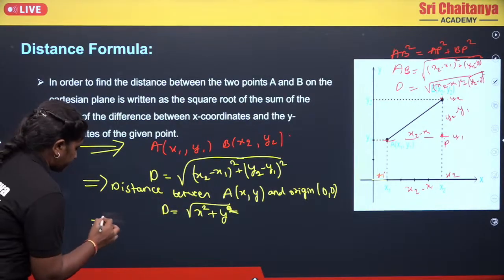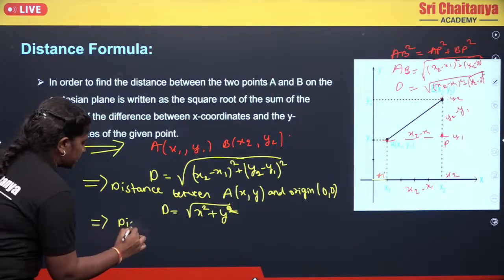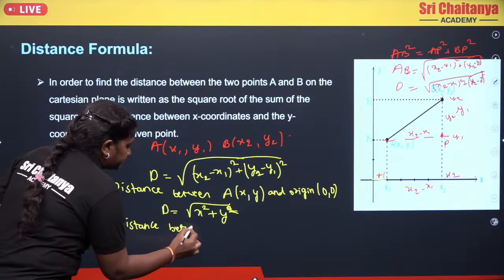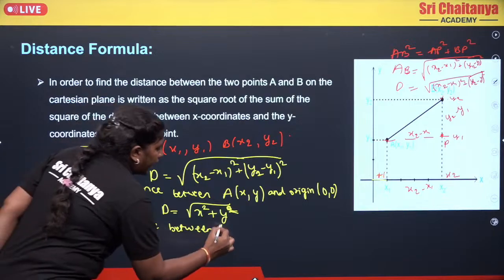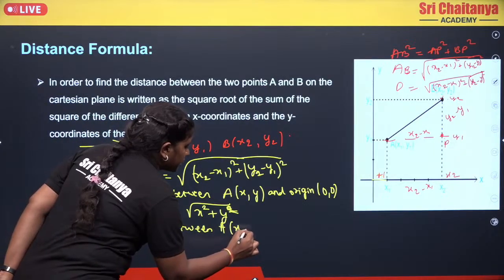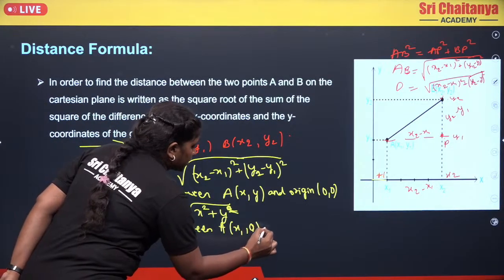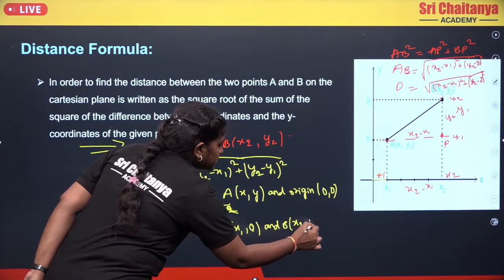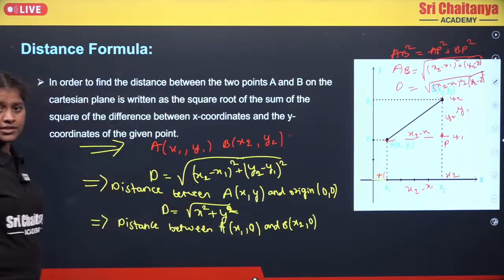Now moving to the next. If you are having your x coordinates, the distance between A of (x1, 0) and B of (x2, 0). So what will be your distance?